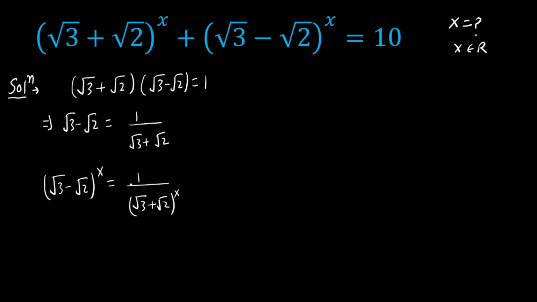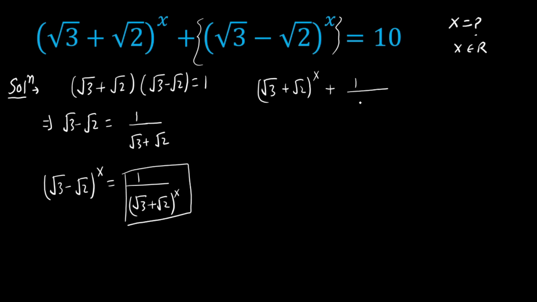Now here (√3 + √2)^x stays, and this value is replaced by this expression, that is 1 over (√3 + √2)^x, and this is equal to 10.